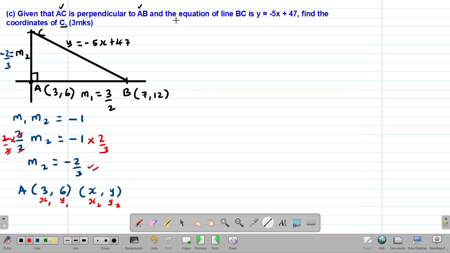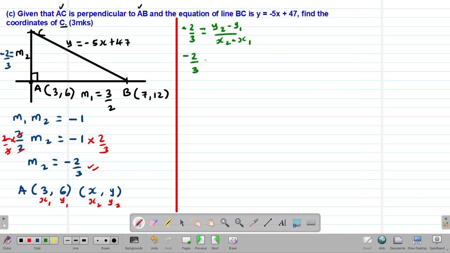So I want to find the equation for the line AC using these points and the gradient we have just found. So we know that the gradient, which is -2/3, must be equal to change in y over change in x, which is y2 minus y1 divided by x2 minus x1.